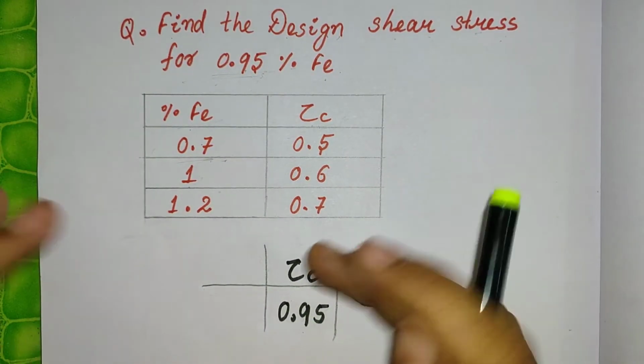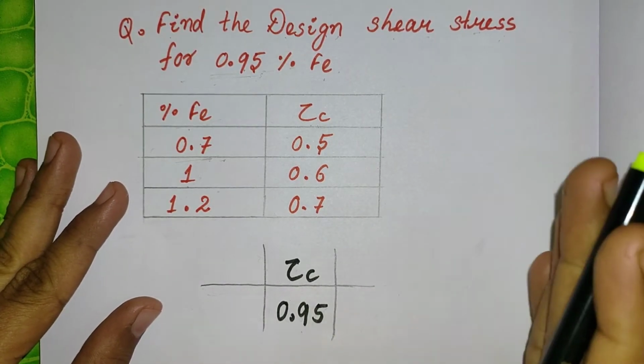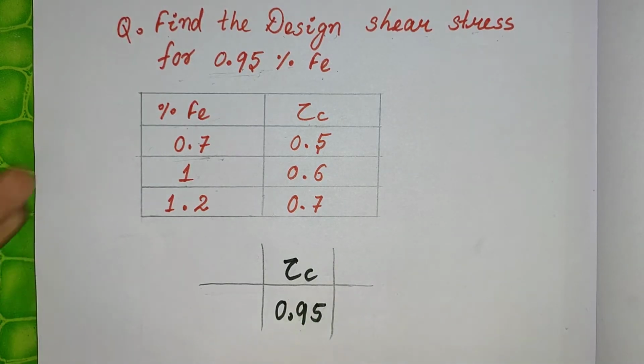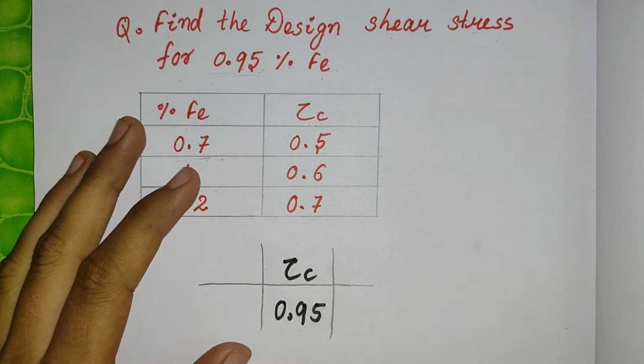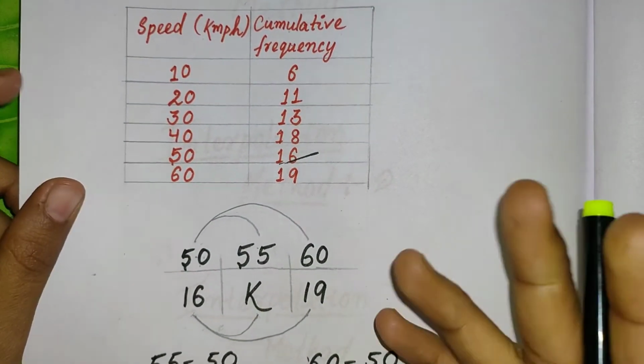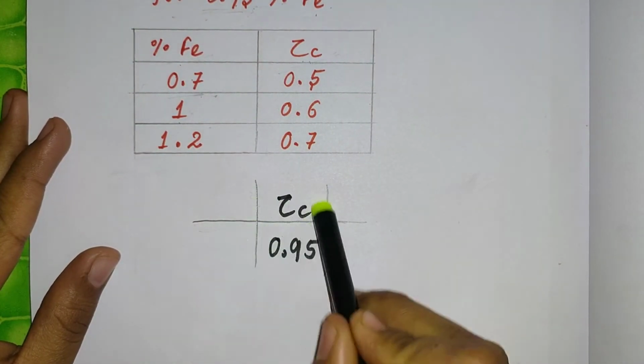Alright, it's not a hard and fast rule that you always have to write the unknown value up or down. Like in the previous question, I put the unknown down. And in this question, I am putting the unknown upside.